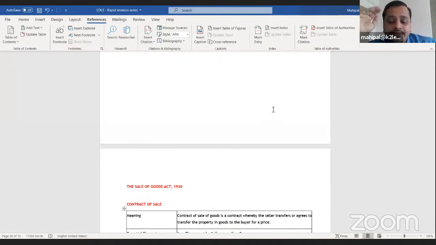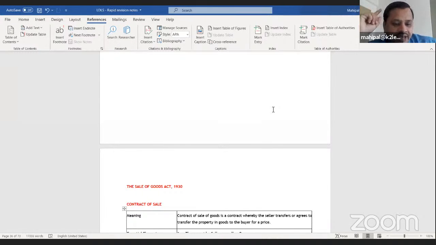Exceptions to restraint of trade. Generally, every person has a right to carry on any lawful trade, profession, or occupation. Clear? Now, this cannot be restrained because it is against the public policy. But under the following circumstances, a person can be stopped from carrying on those lawful trade, profession, or occupation.